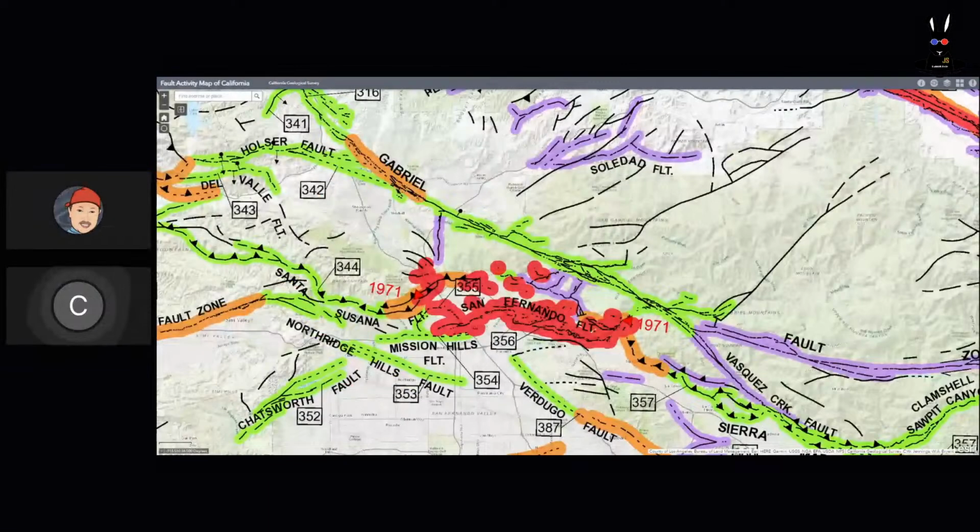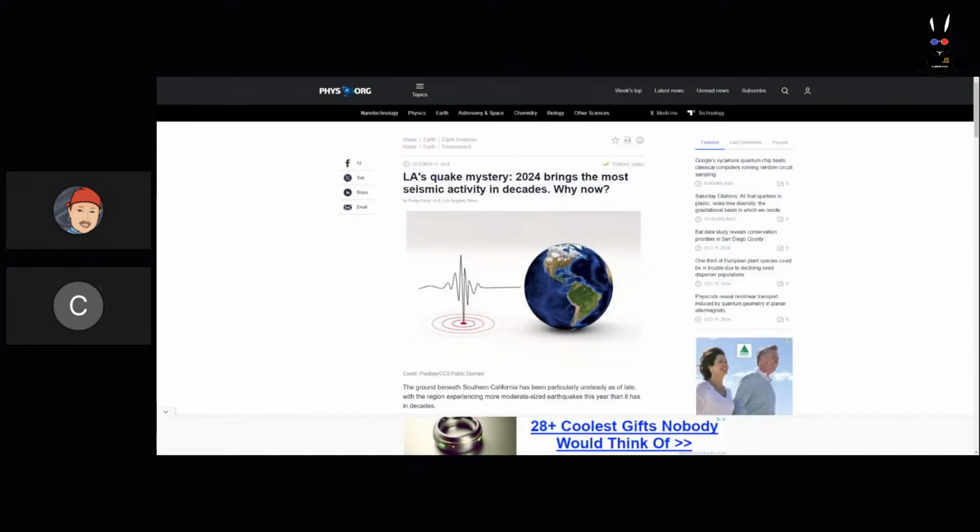So yeah, it just came out yesterday, and the title of it is, it's a PhysOrg article. Yeah, it's good people. LA's quake mystery: 2024 brings the most seismic activity in decades. Why now? So I'm going to read this off.